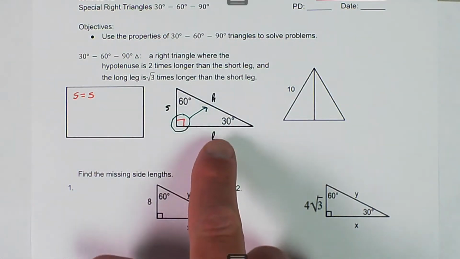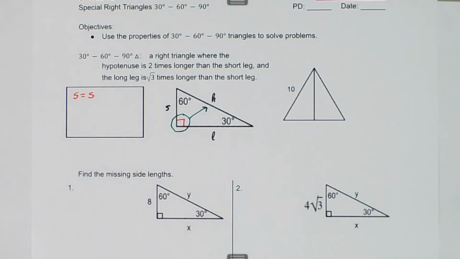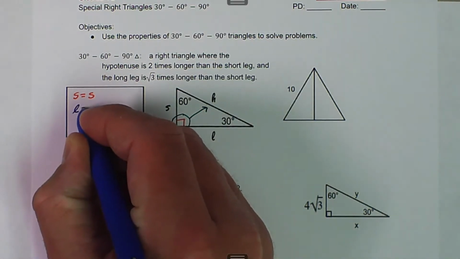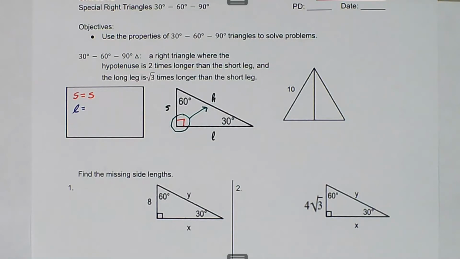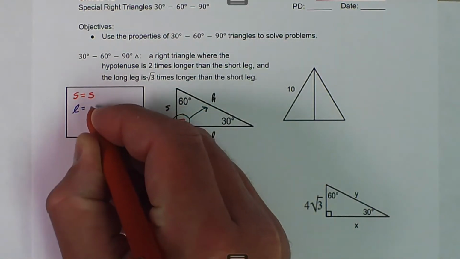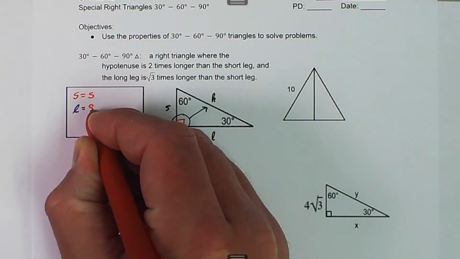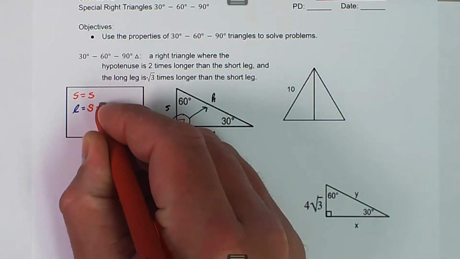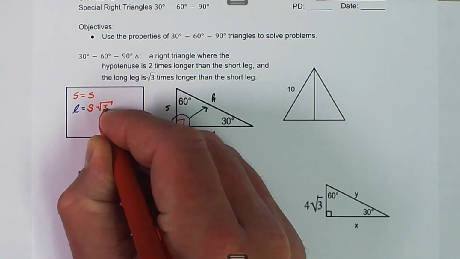The long leg, which would be right here, is going to be equal to the square root of 3 times the short leg. So we're going to take whatever the short leg is from up here, and multiply that by the square root of 3.